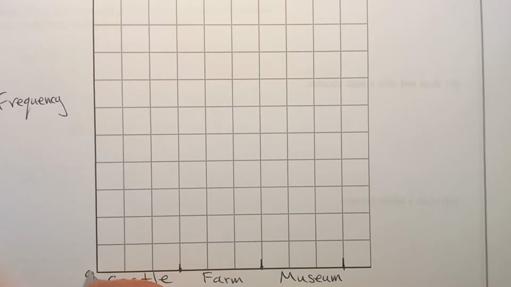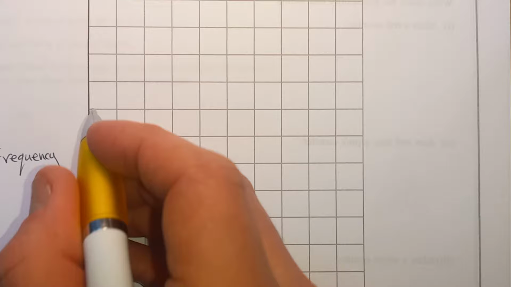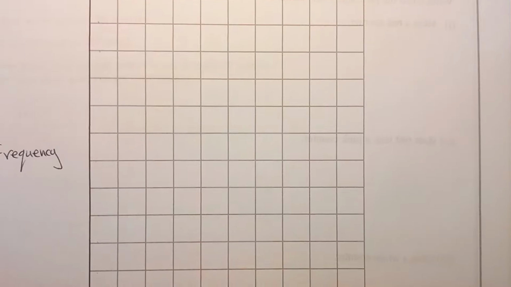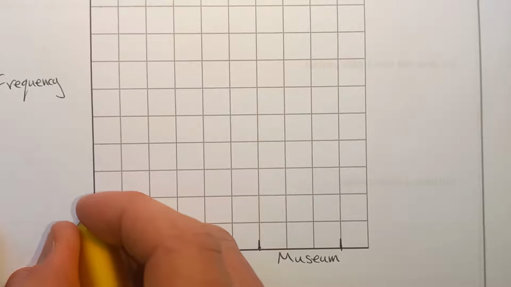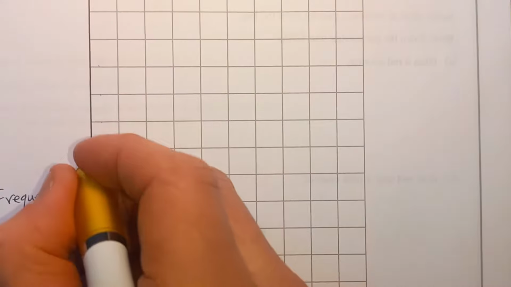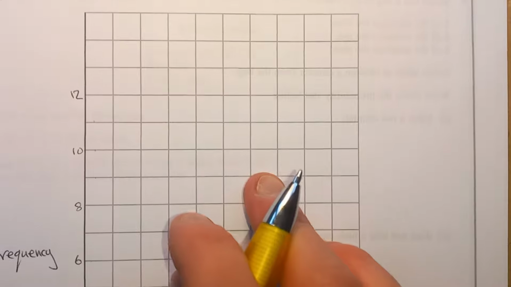So if we start at 0, we'd have 1, 2, 3, 4, 5, 6, 7, 8, 9, 10, 11. Yeah, that'll fit on here nicely. But instead of writing all of the numbers on, I'm just going to go up in 2s: 2, 4, 6, 8, 10, 12.